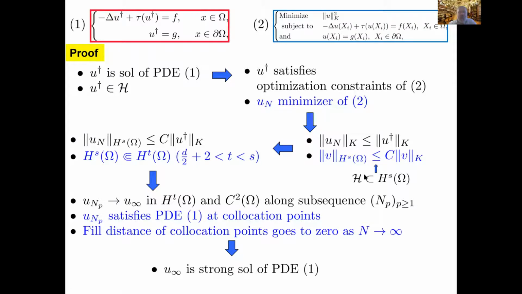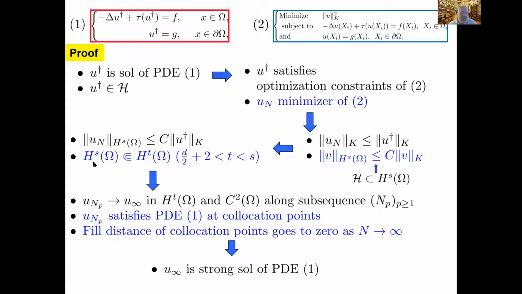Now, since this RKHS space H defined by the kernel k is continuously embedded into the Sobolev space HS, we deduce that the following inequality holds for all functions v, which implies that the HS norm of un is uniformly bounded in n by a constant C times the RKHS norm of u dagger.